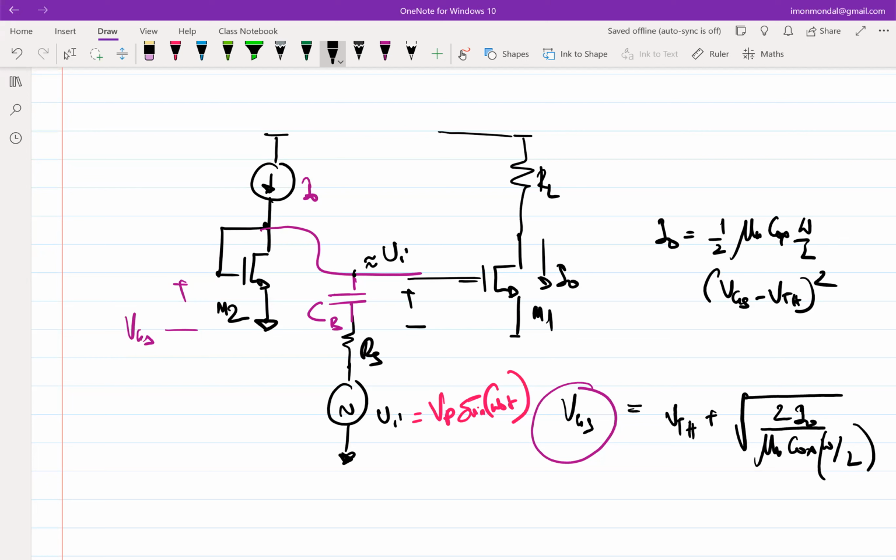So essentially, there can be a current, and M2 can load that node. Which means I need to understand the amount of loading. By amount of loading, I mean you need to understand what the resistance is looking into the gate, looking into this node. So I need to find out the incremental resistance looking in here.